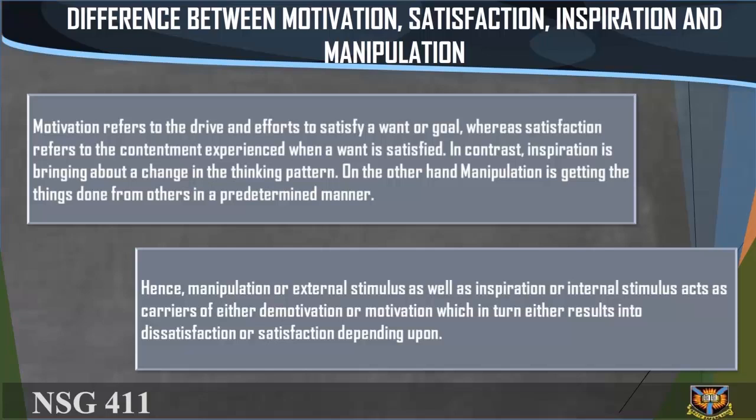On the other hand, manipulation is getting things done from others in a predetermined manner. Hence, manipulation or external stimulus, as well as inspiration or internal stimulus, act as carriers of either demotivation or motivation, which in turn results in either dissatisfaction or satisfaction.